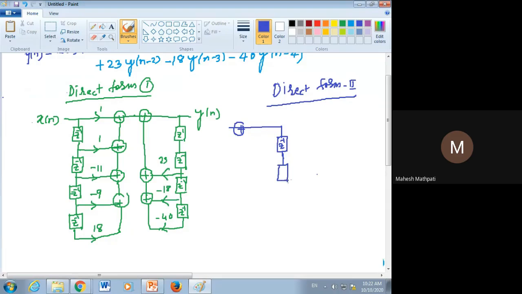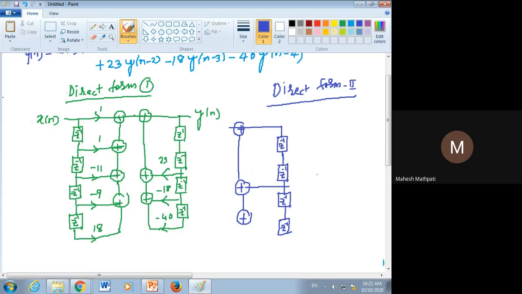Second delay, Z power minus 1. Z power minus 1. Z power minus 1. And this part will be kept as it is. So without forgetting, whatever is there on the right side, first draw it as it is.